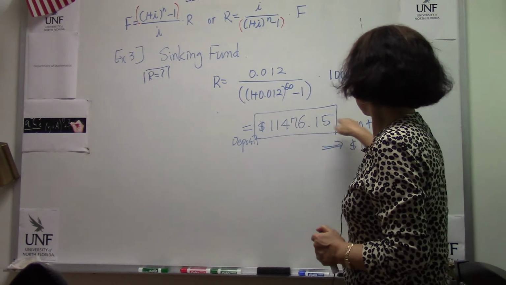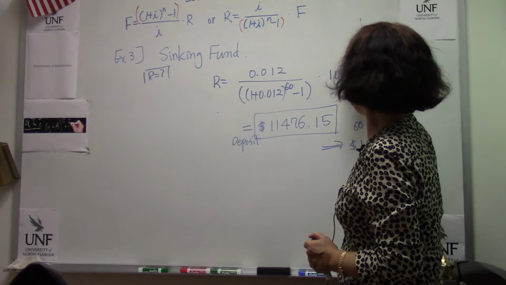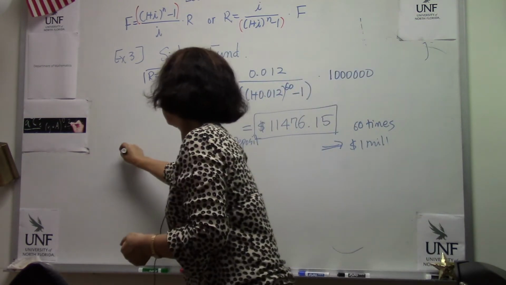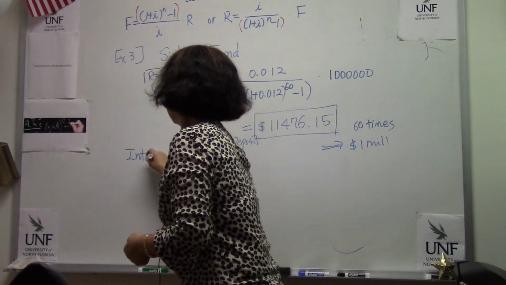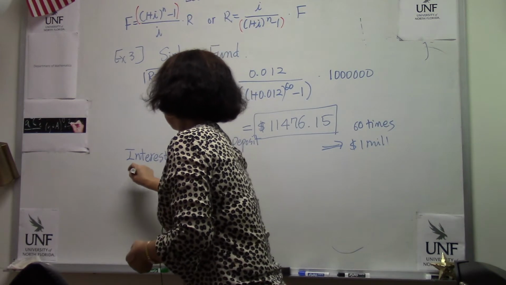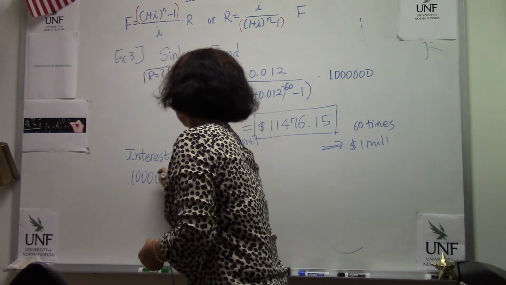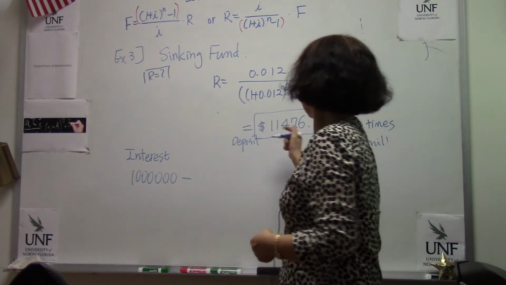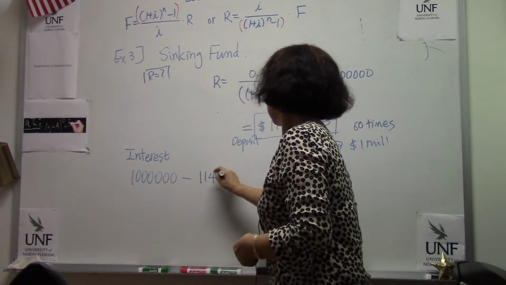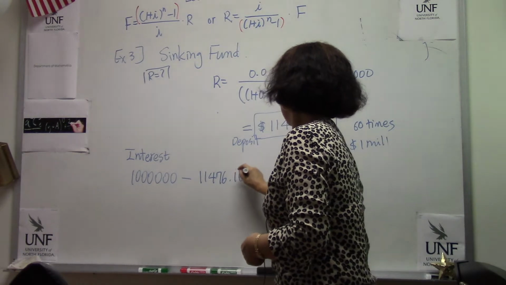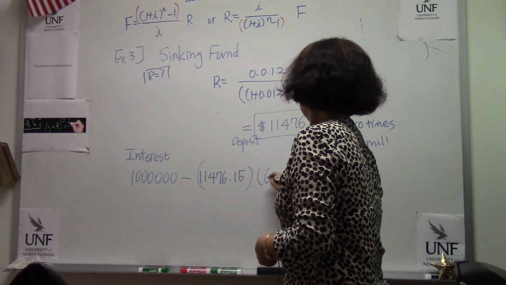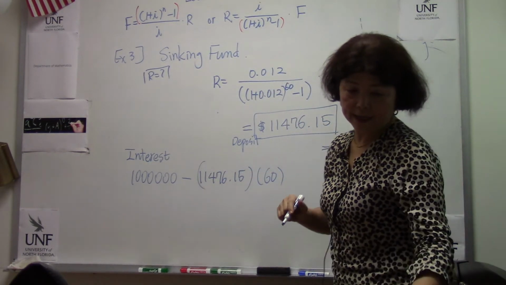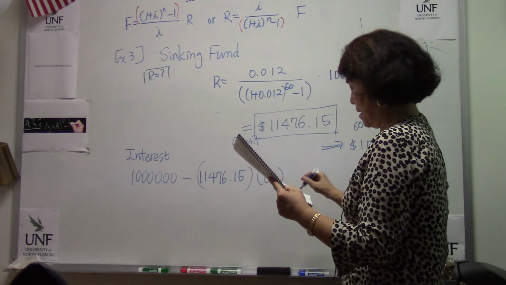So this times this money will grow to $1 million, so the interest is 1 million, the difference between the total deposit, that is 114,675 times 60.